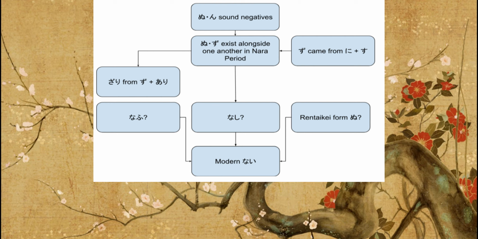From this, zu was born, which was a combination of the rentai-kei form of nu plus the verb to do, su. Zaru then was born from zu being placed alongside ari, the verb meaning to exist. Whilst nu, zu, and zaru might all sound quite different, we understand now that they are all just one family, however functional or dysfunctional they may be.